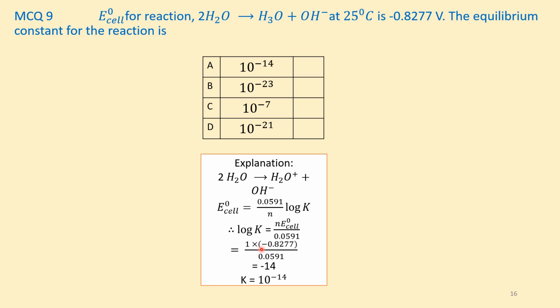Substituting the values, 1 into minus 0.8277 divided by 0.0591, that is equal to minus 14. Hence, k will be equal to anti-log of minus 14. That will be equal to 10 to the power of minus 14. So option A is the correct answer.